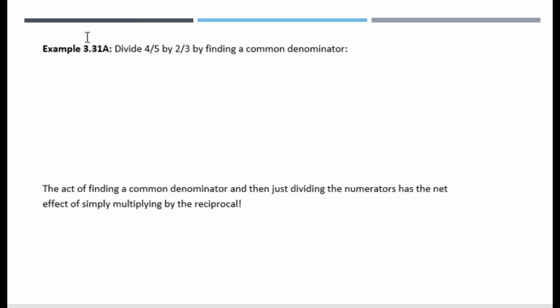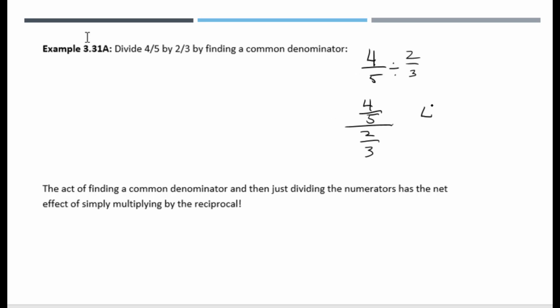So in this problem, we're going to take 4/5. I'm going to put it over here. 4/5. I'm going to write it this way, divided by 2/3. I'm going to divide this by finding a common denominator. So I'm also going to be using this idea. This is 4/5 divided by 2/3. Another way of writing it.